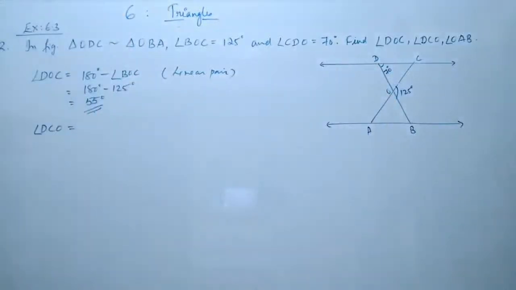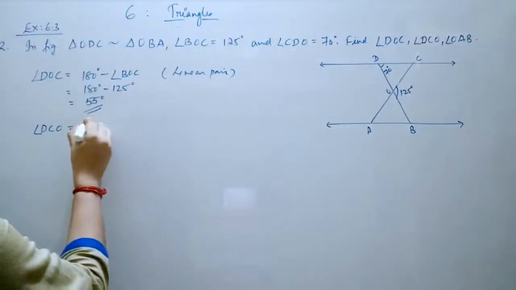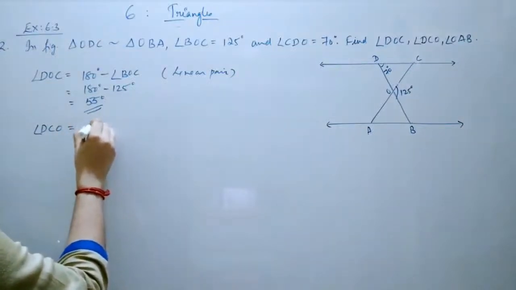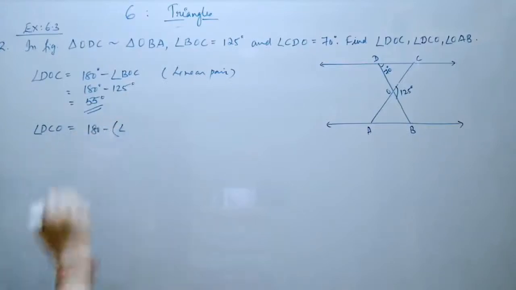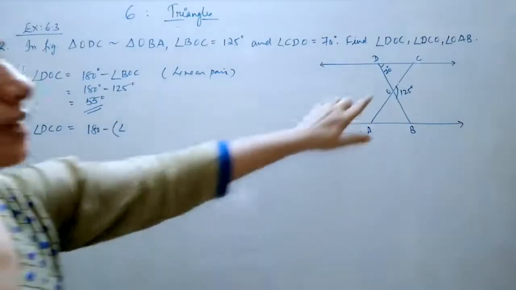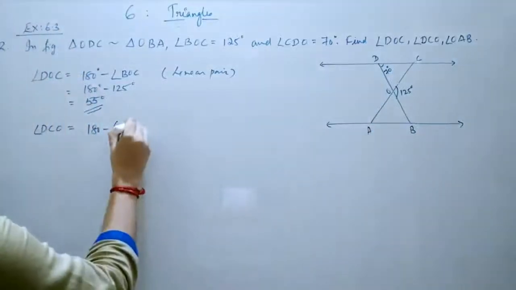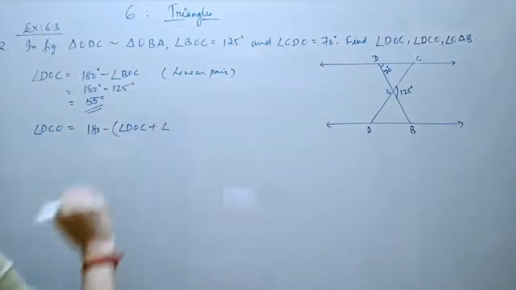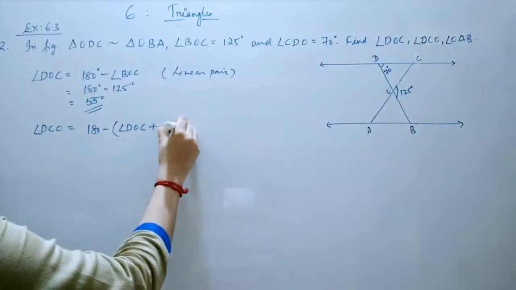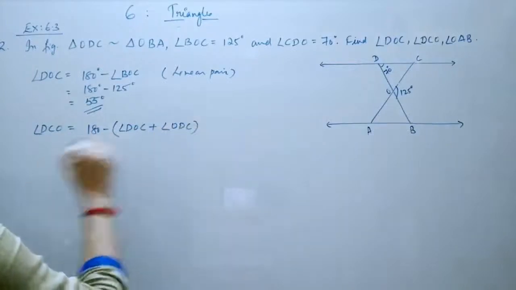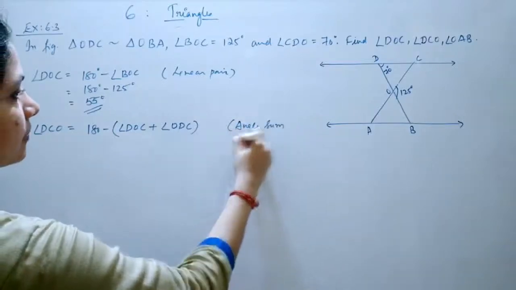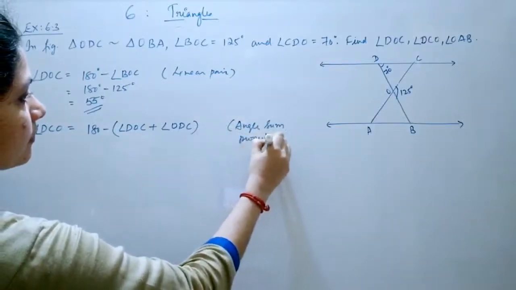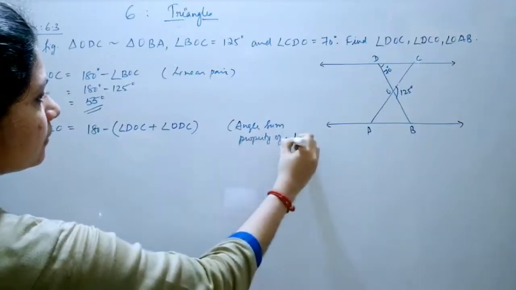So again you can use the angle sum property of a triangle, so that angle DCO will be 180 minus of angle DOC plus angle ODC, by the angle sum property of a triangle.